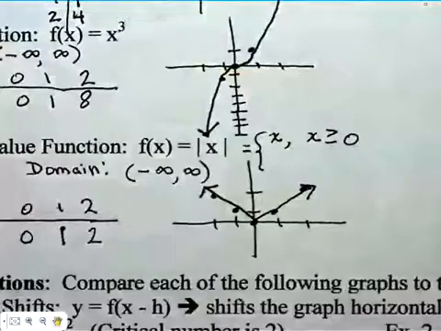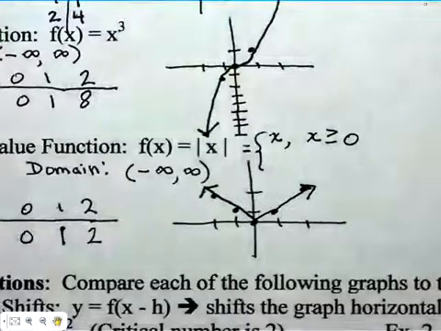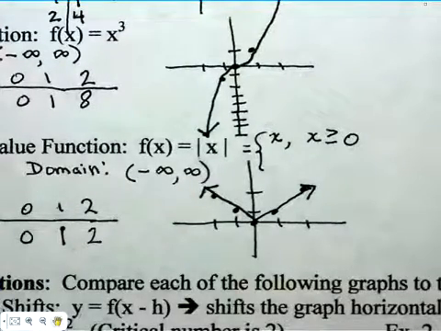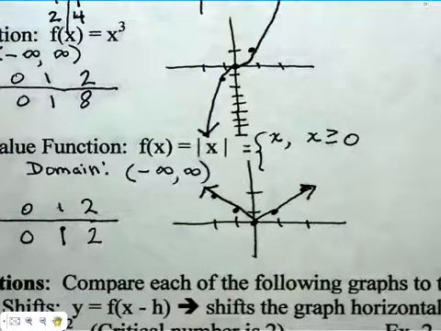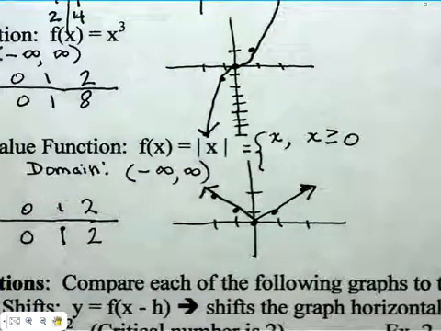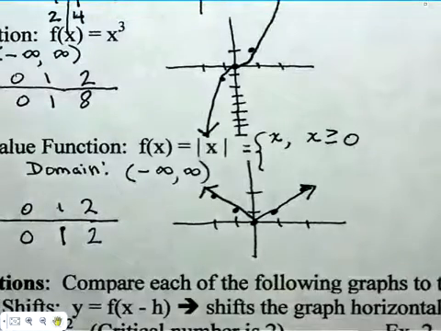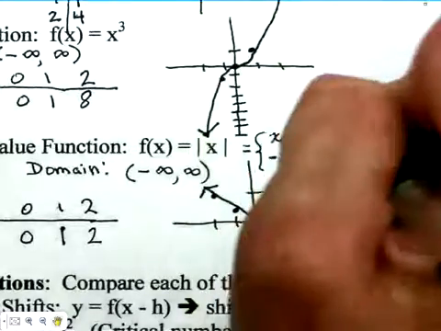But if I put in a negative, what does the absolute value function spit out? The positive version, the opposite of whatever I put in. If I put in a negative, the absolute value function shoots out its opposite.